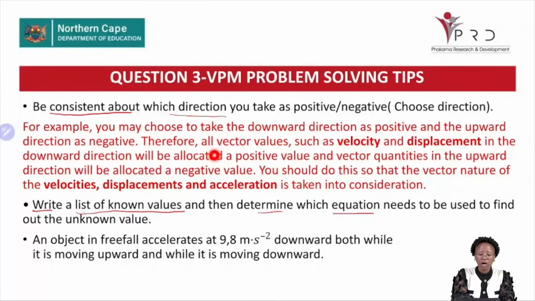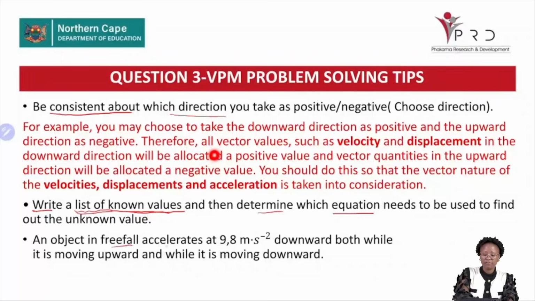However, as you are collecting the list of the known values, wherever the value consists of a vector or that particular value belongs to a vector, please make sure that you include the direction together in your data collection, because it will make it easier for you when you are doing your substitution not to forget the signs. All right, very much important.